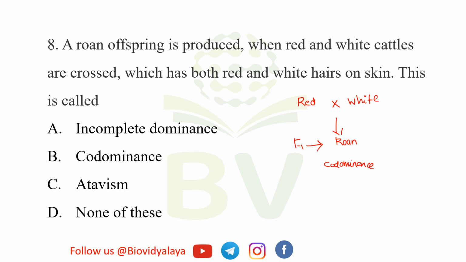So codominance occurs when two alleles are equally dominant and both appear in a phenotype. Okay. So the correct answer is option B, codominance.